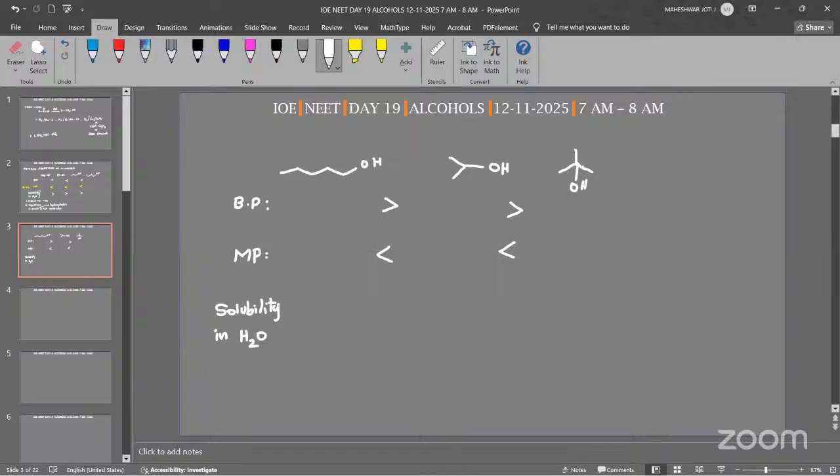If hydrophobic nature decreases, then solubility increases. So solubility of tertiary butyl alcohol is greater than that of isopropyl alcohol, which is greater than that of n-pentyl alcohol. Right?